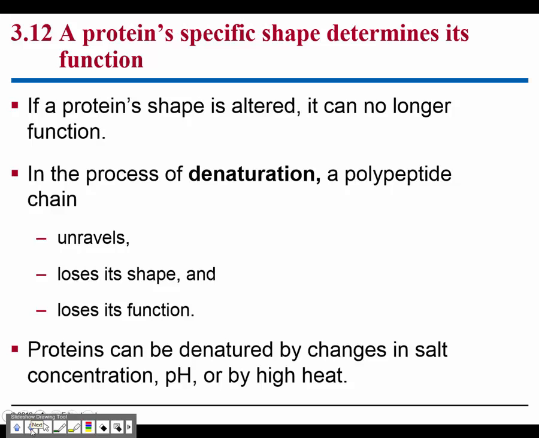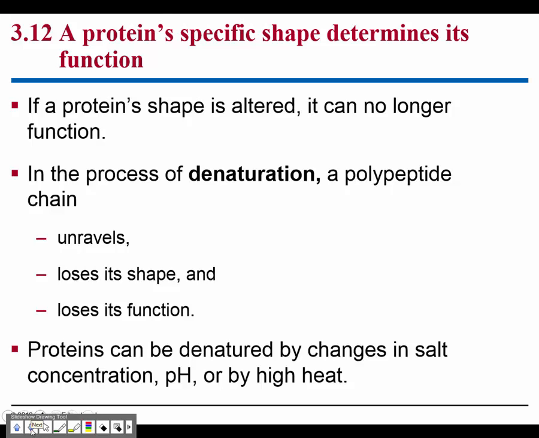And so this is real important why fevers are important to watch, because if your fever gets too high, you start to denature the proteins. So what your body's doing with the fever is trying to elevate your temperature enough to denature the proteins in the bacteria that's causing the sickness, but not so much as to denature your own proteins and hurt yourself. And so it's kind of a tough balance sometimes.